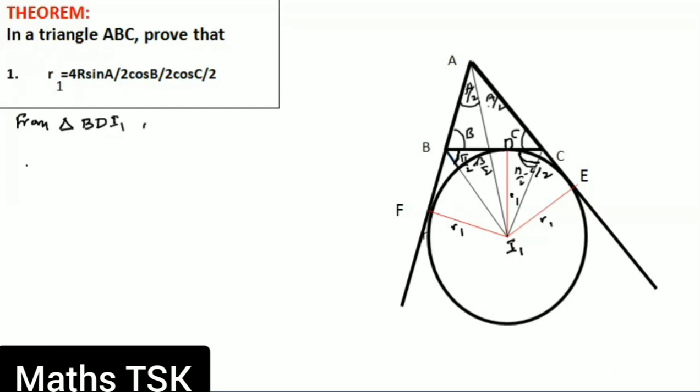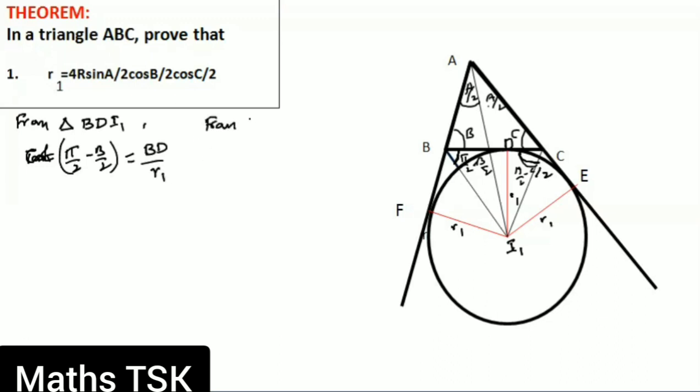From triangle BDI1, I can write cot of 90 minus B by 2, which is adjacent side BD by opposite side R1.